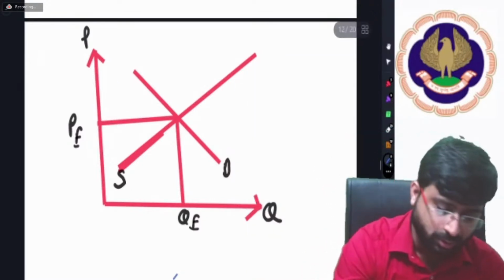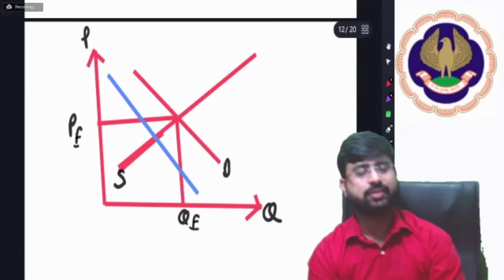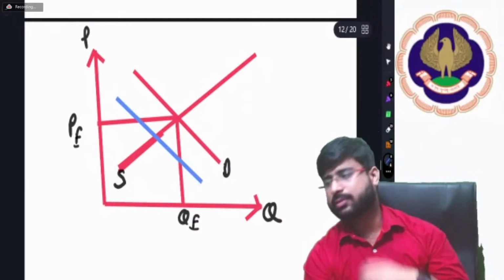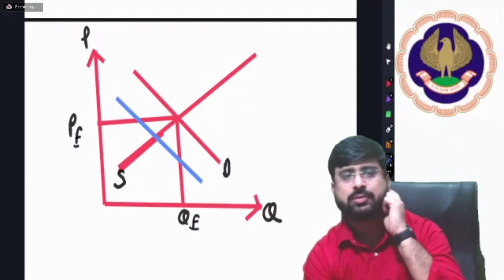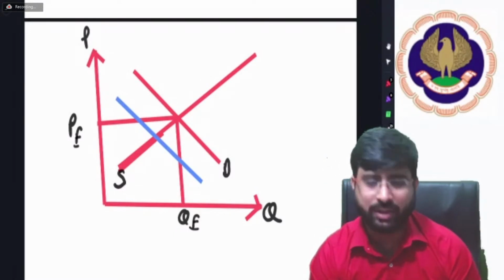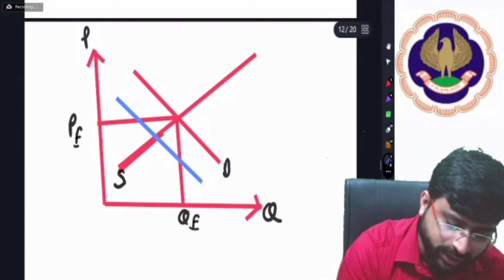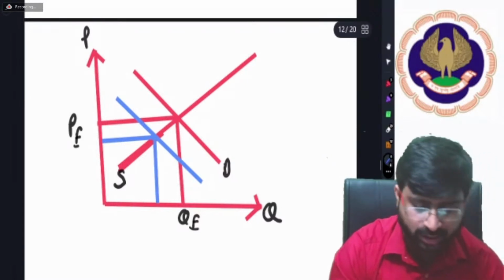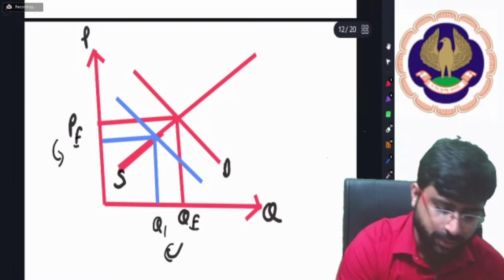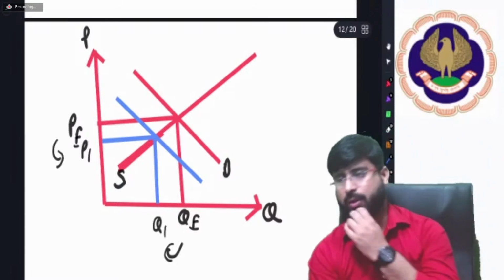Here it is, a leftward shift. Yes, you got it correct. Because demand is falling, when you find the new intersection of the demand and the original supply, you see equilibrium quantity is on the fall, and equilibrium price is also on the fall.